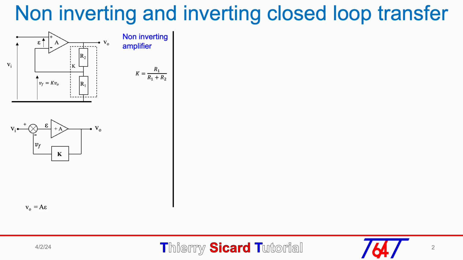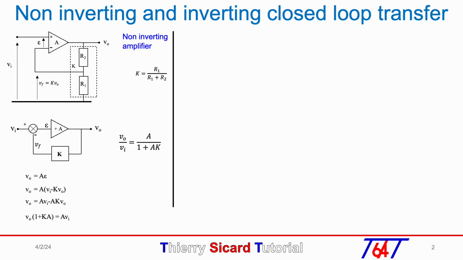For the calculation, we start with Vout equal A times epsilon, replacing epsilon value by Vin minus K Vout, we get Vout equal A Vin minus AK Vout. So Vout times 1 plus AK equal A Vin.